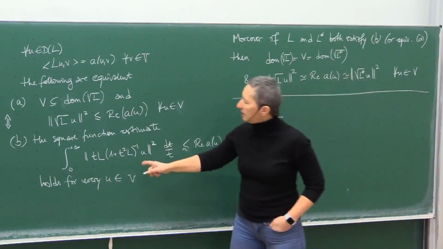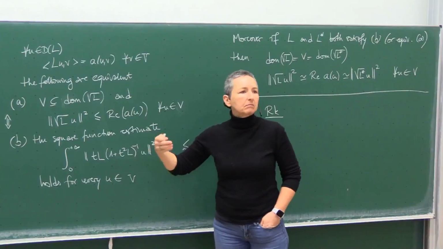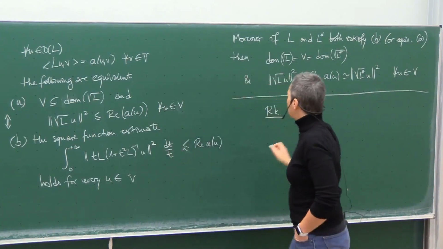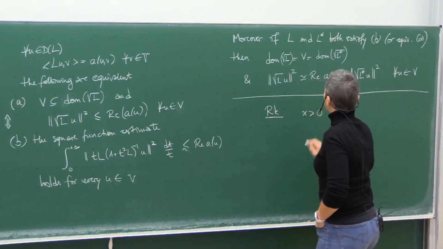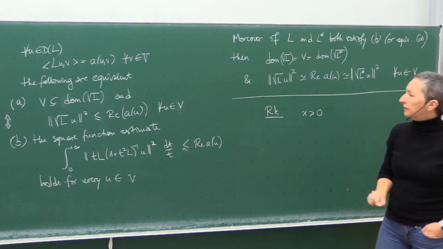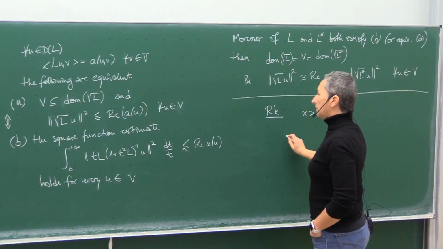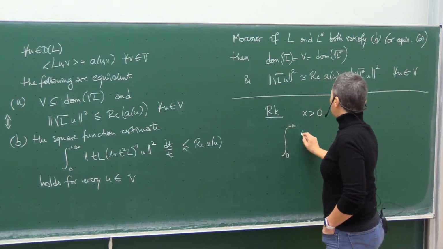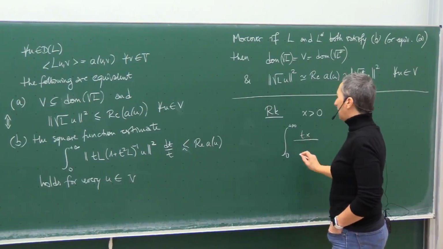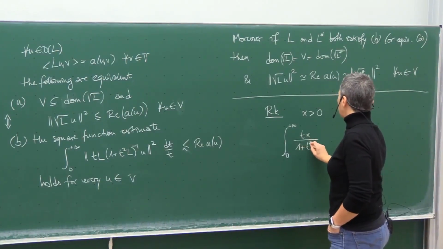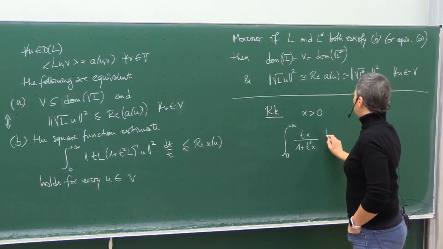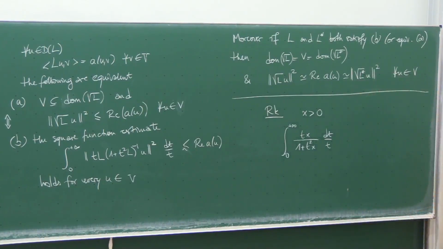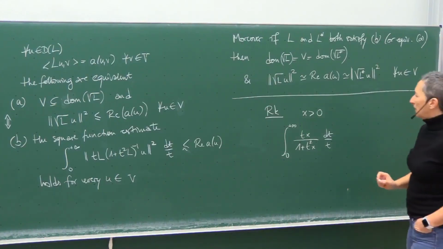So if you replace L by a real number x, for x strictly positive, if you try to compute the integral of tx divided by 1 plus t squared x, dt over t, it's an easy computation, right?